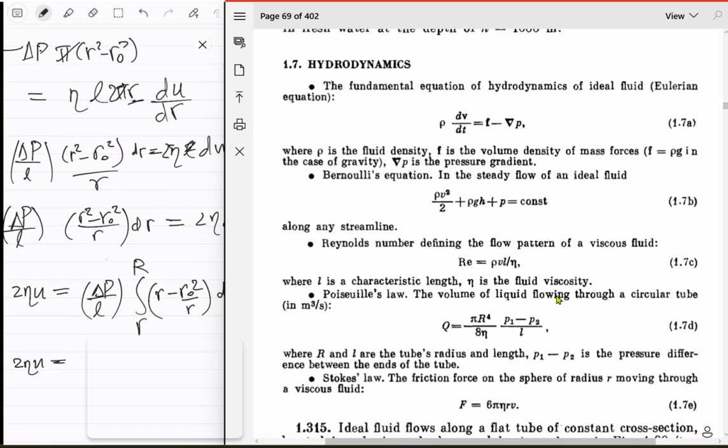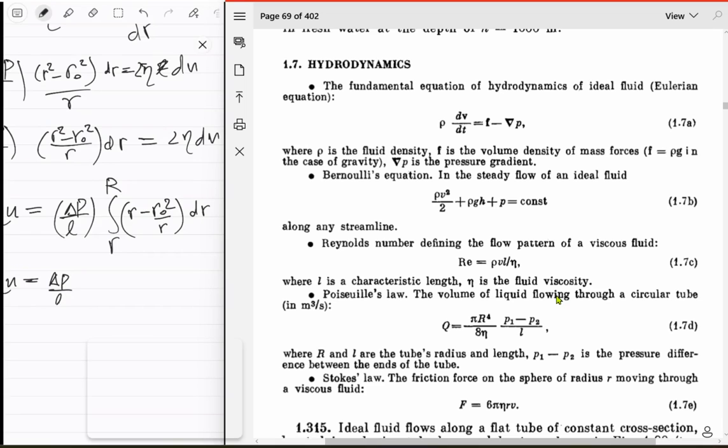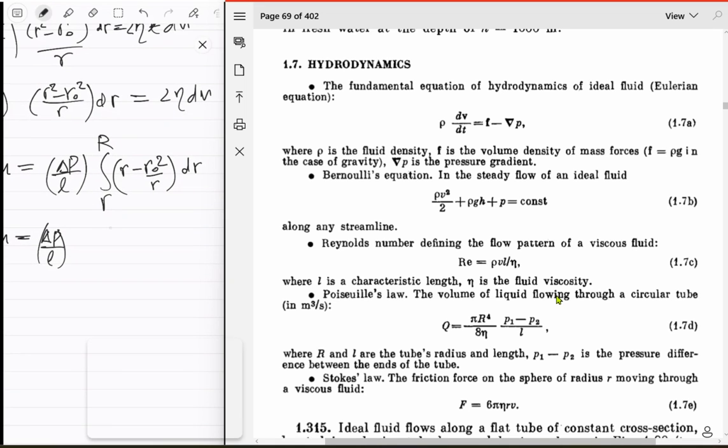Why is this having, oh, this doesn't look good. But that is what I got, so we have to deal with it. This is just delta p upon L, and then r squared upon 2, so it's like r squared upon 2 minus r naught squared natural log of capital R upon small r.